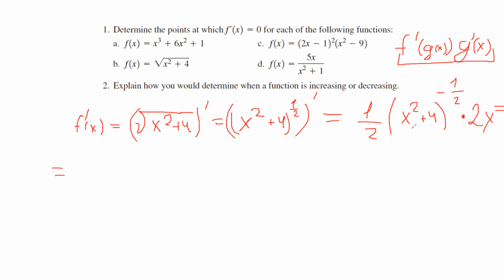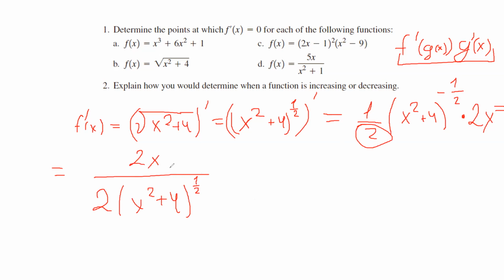And I have the negative square root of x squared plus 4, right? Okay. So if it's a negative square root, it means it's going to be in the denominator. Am I right? This is going to be 2, which is also in the denominator, times x squared plus 4 to the power 1/2. Am I right?